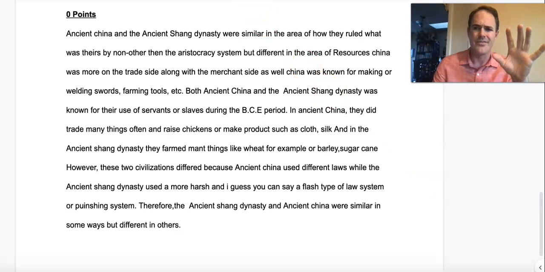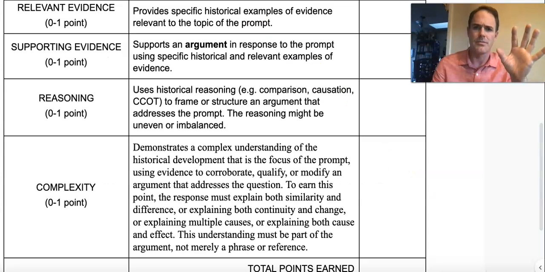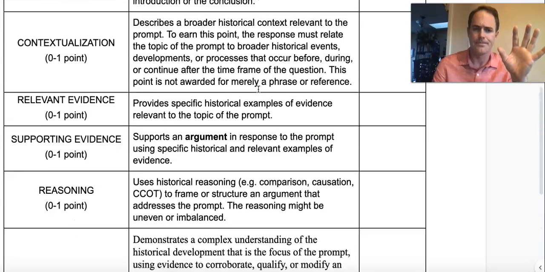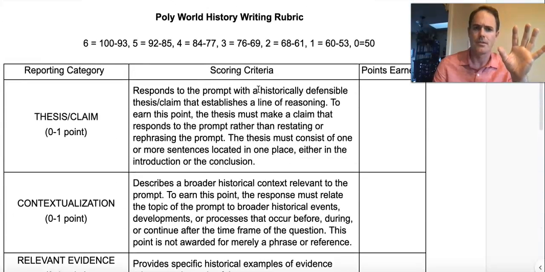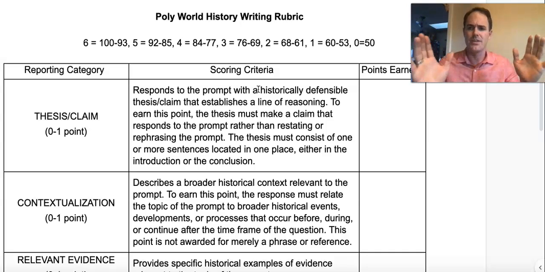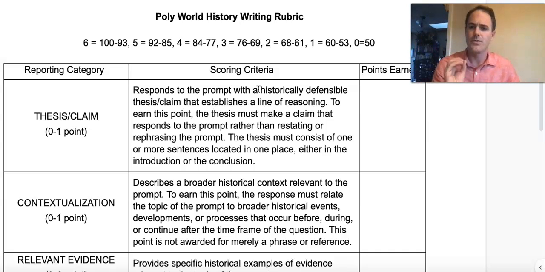And if you're wondering how did 3 points become such and such number, I used, back to our rubric, this scale, this range. So 0 points you see here only get you a 50. Now 1 point will get you between 60 and 53, 2 points between 68 and 61, and 3 points between 76 and 69.